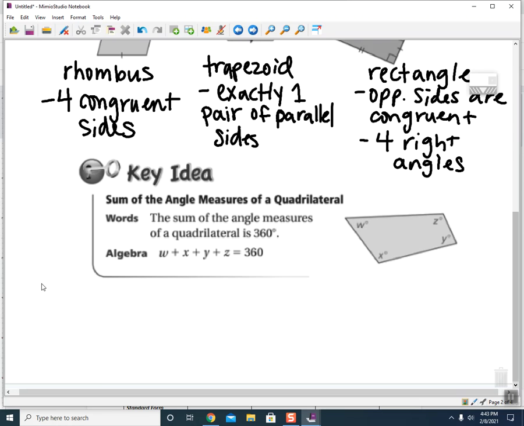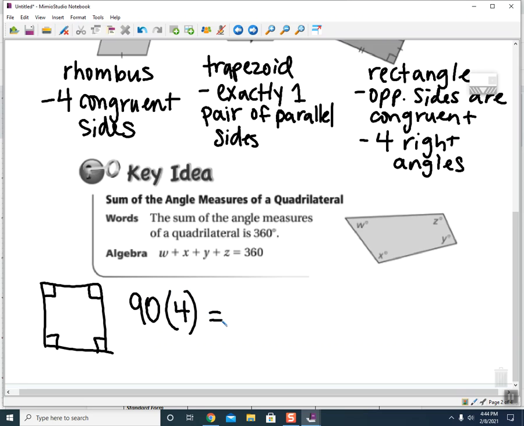If we think about a square, something that we know about a square is that it has 4 right angles, right? A right angle means that it's 90 degrees. So 90 degrees times 4 angles is going to give me 360 degrees. And that's going to be true for any quadrilateral. All quadrilaterals are going to add up to 360 degrees on the inside.